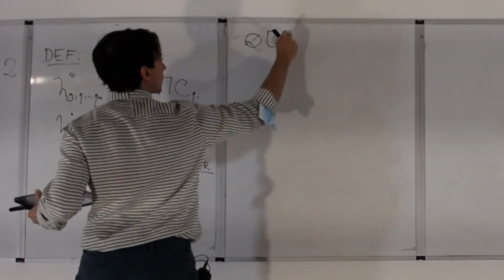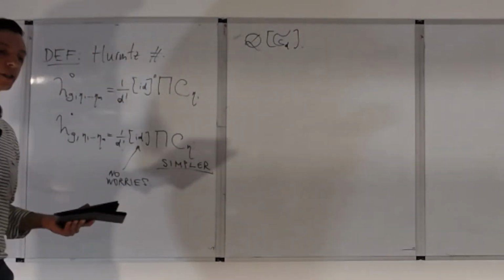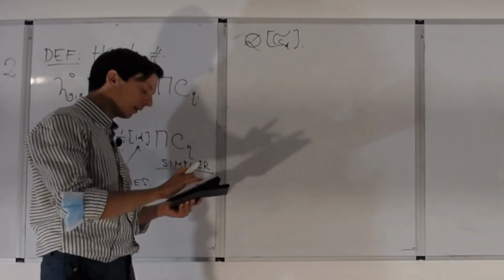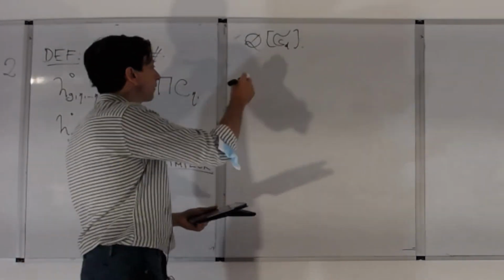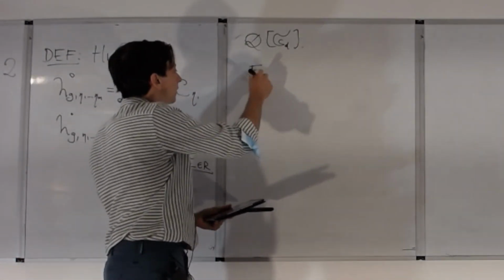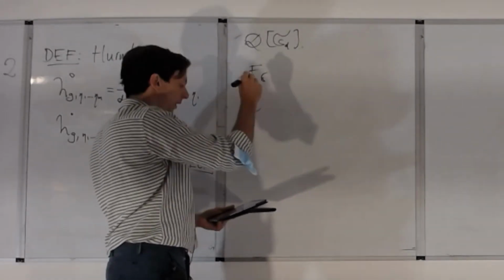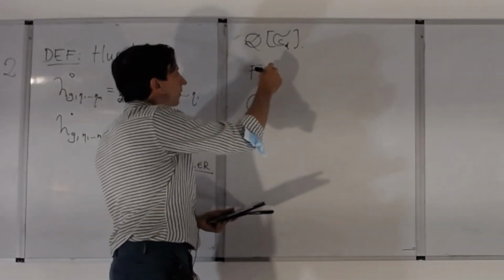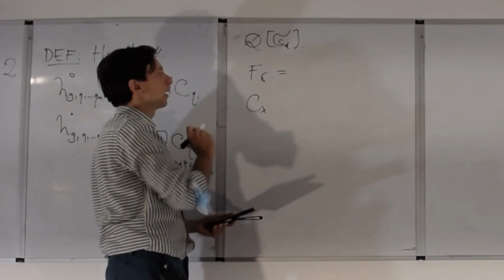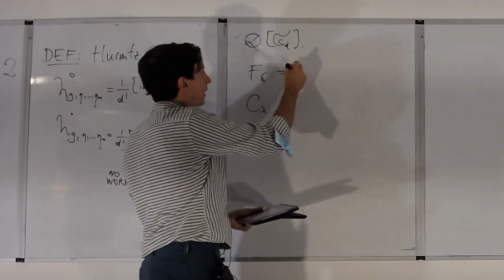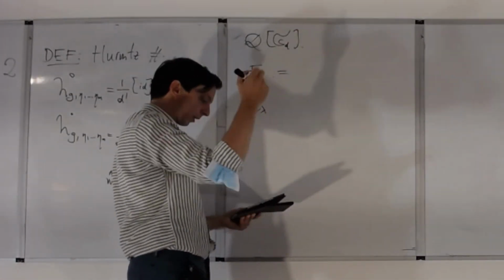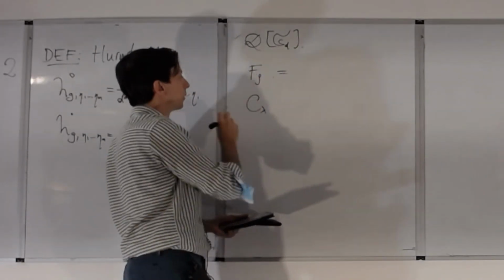If you take the group algebra of the symmetric group, you have 2 different bases. You want to define these elements F rho.